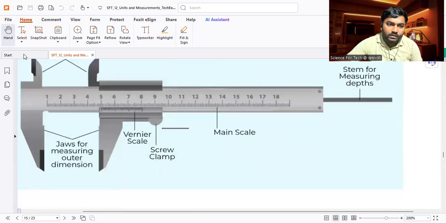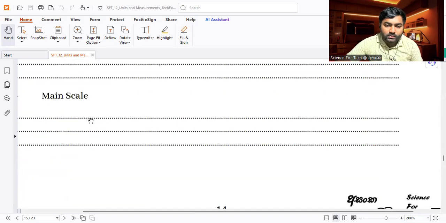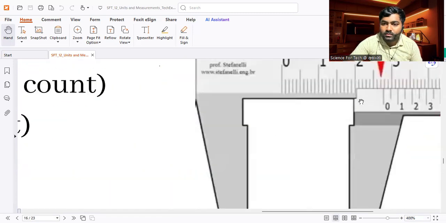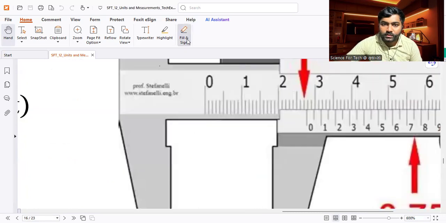Okay, I'm here. Zero is not in there. Ah, this is good. In this one, this is the main scale 0 line, and this is the vernier scale 0 line.